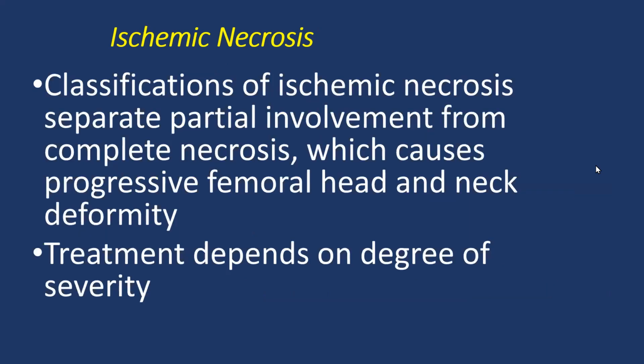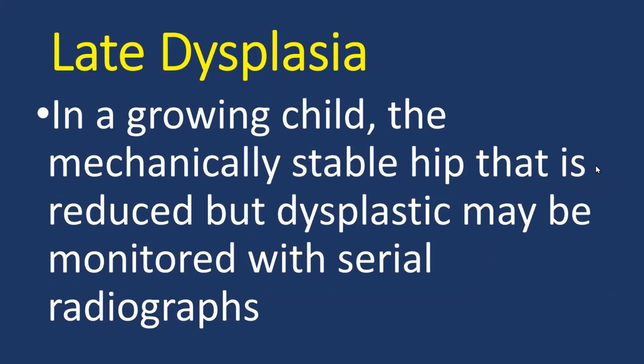Classifications of ischemic necrosis separate partial involvement from complete necrosis, which causes progressive femoral head and neck deformity. The treatment depends on the degree of severity. In a growing child, the mechanically stable hip that is reduced but dysplastic may be monitored with serial radiographs.